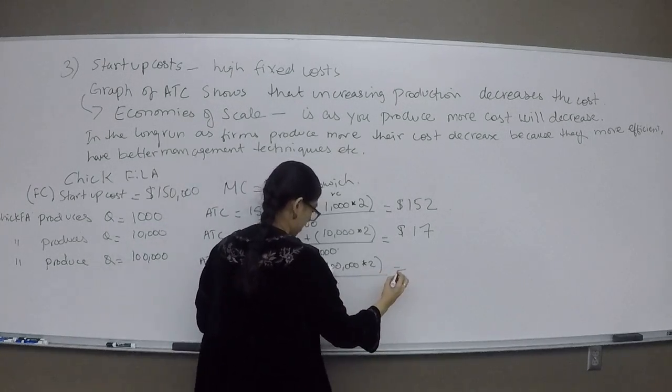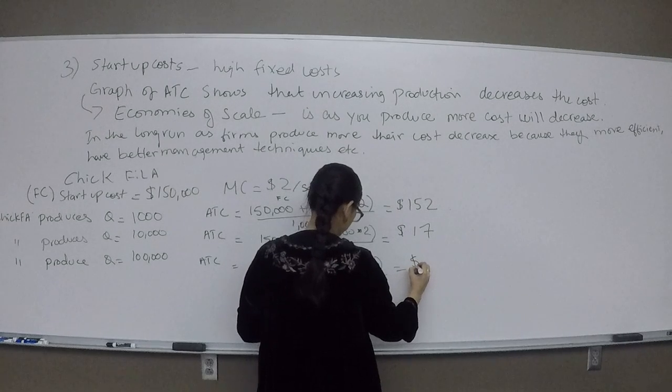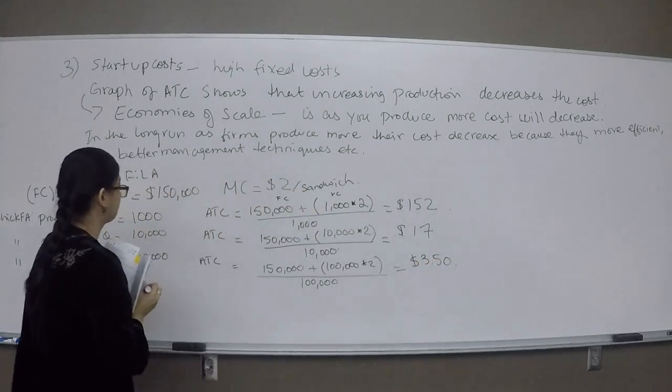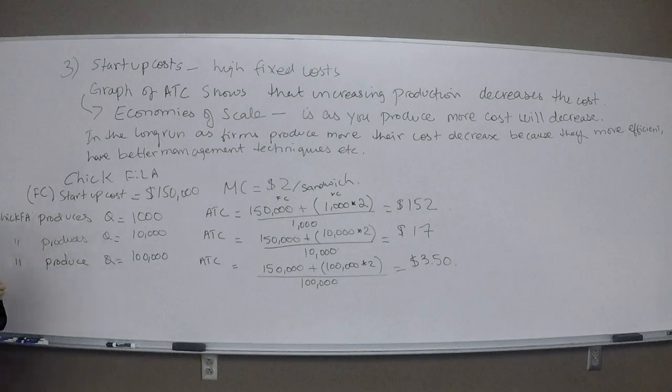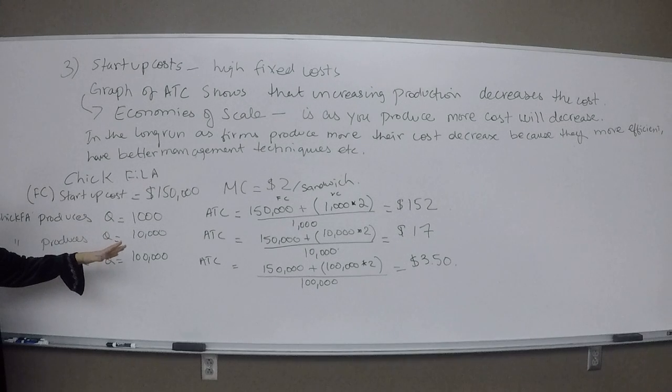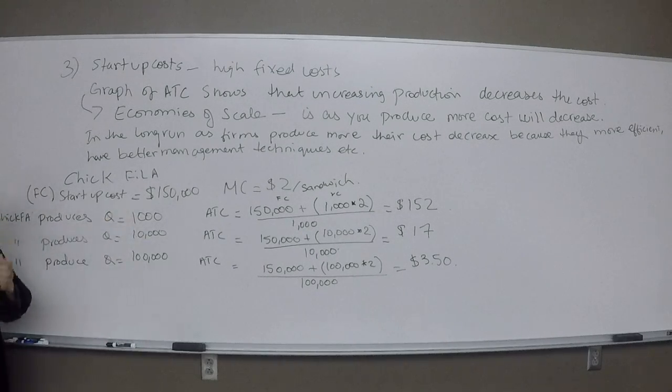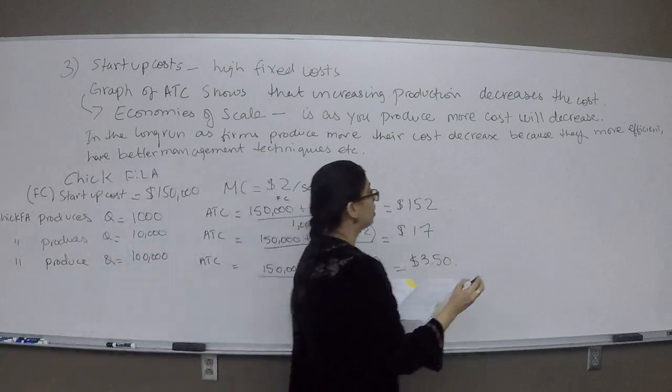So you will get $3.50. As you see, as you're producing more and more, the average total cost per quantity is decreasing, right? So if we were to draw a little graph, it would look like this.